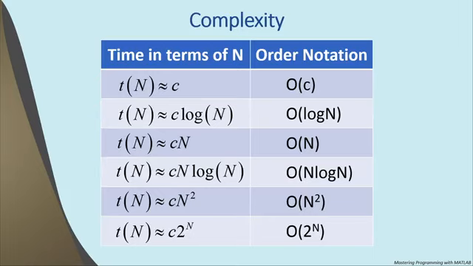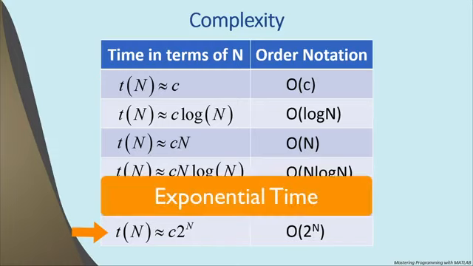And the worst complexity of the 6 we considered, 2 to the n power, is an example of a category that's said to grow in exponential time.